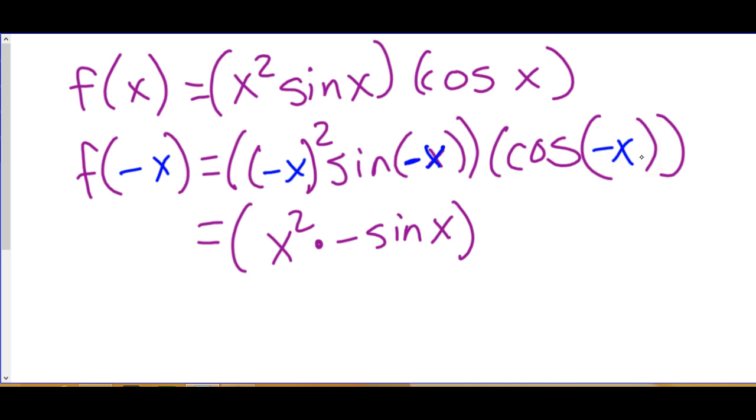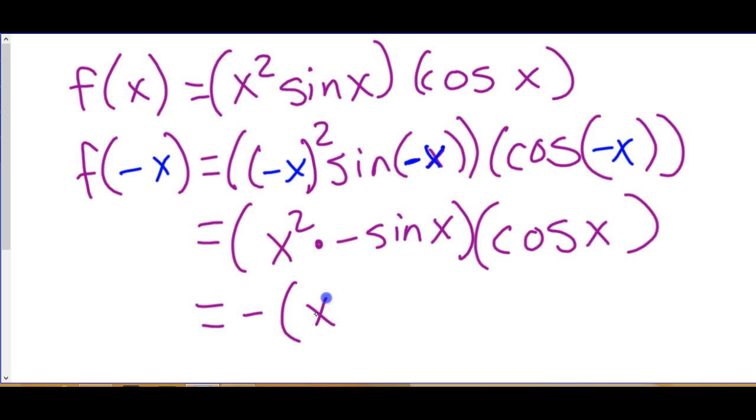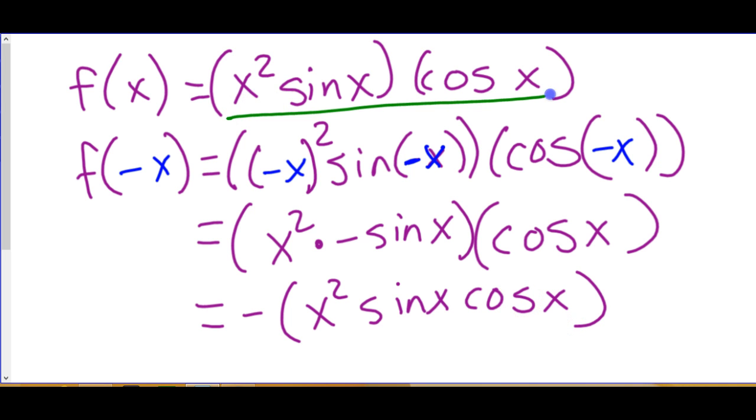Cosine of negative x comes out to be cosine of positive x, according to our formula again. So all together, since we have negative sine, this entire thing would be negative x squared sine x cosine x.